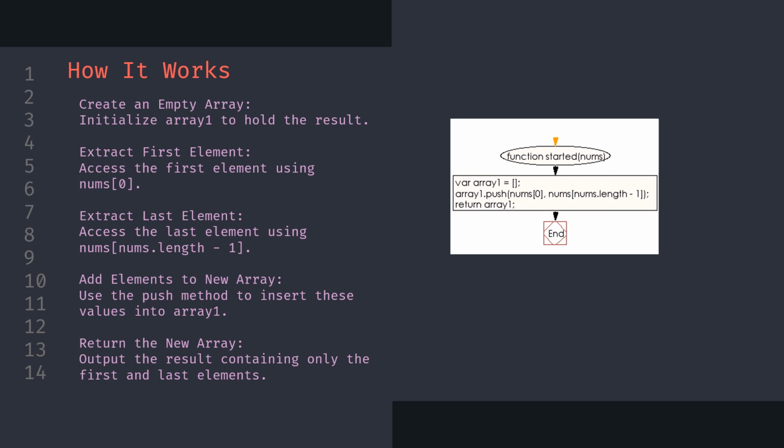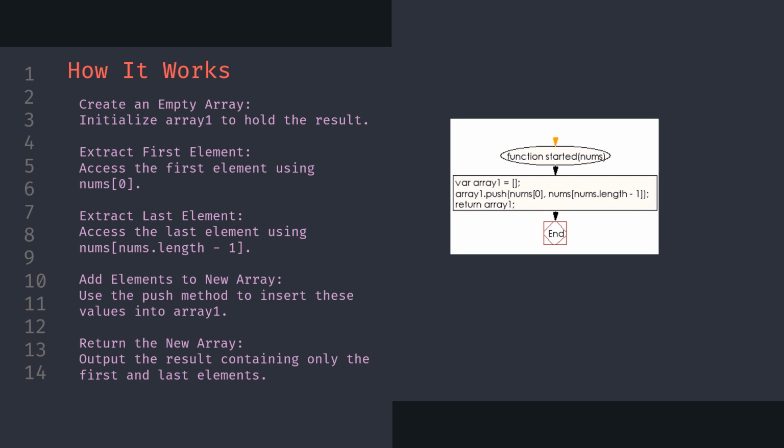Let's break down the function into simple steps. First, create an empty array. We begin by creating an empty array called array1. Next, extract the first element. Using nums[0], we retrieve the first element of the input array. Next, extract the last element.